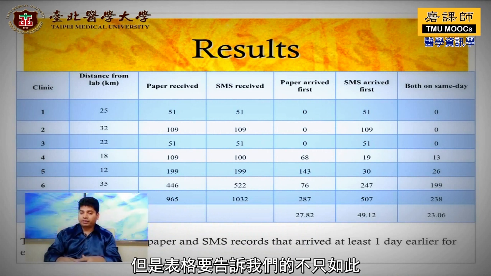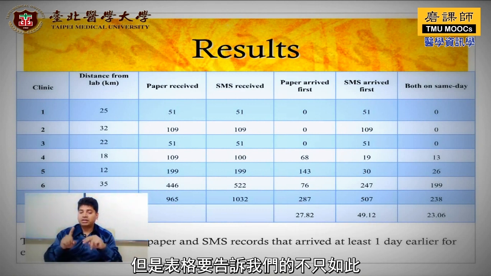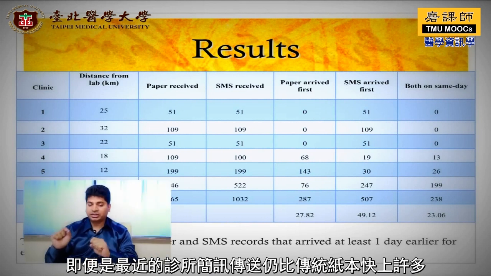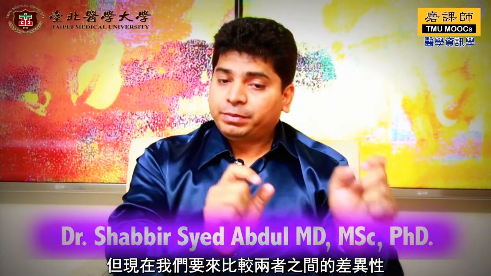And this was not enough. What we did is, if you see our results table 1, the number of paper and SMS records that arrived at least one day earlier for each clinic, and you see there are 6 clinics, and both received paper and SMS. Now we are comparing how many paper results they received and how many SMS they received.